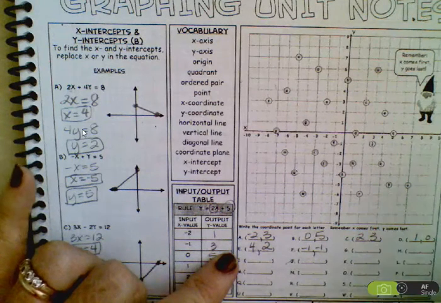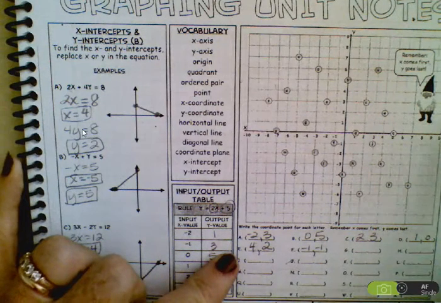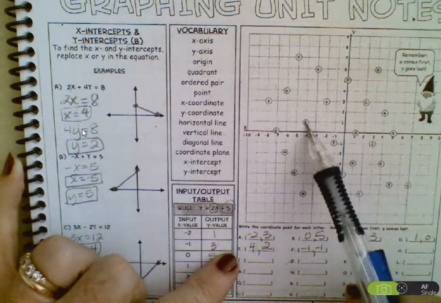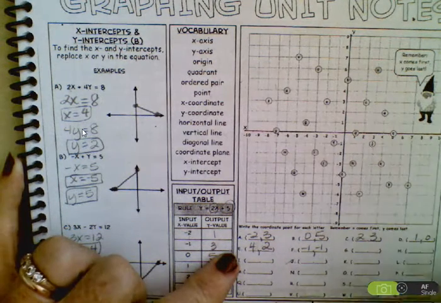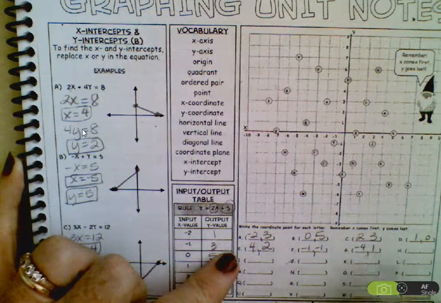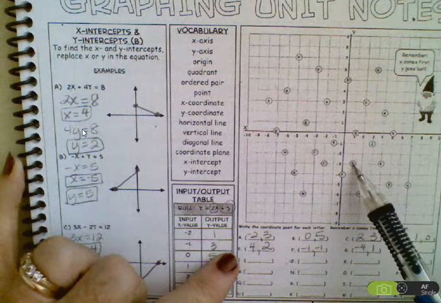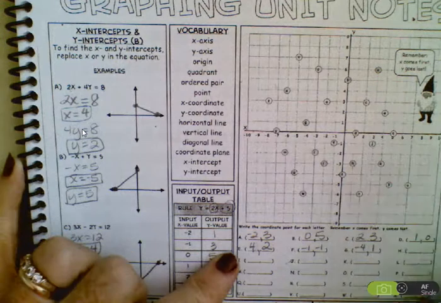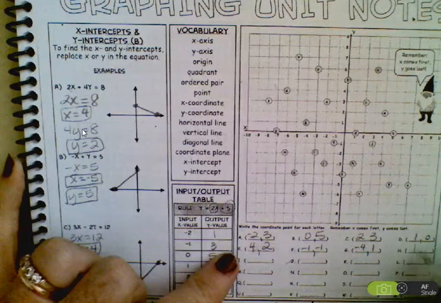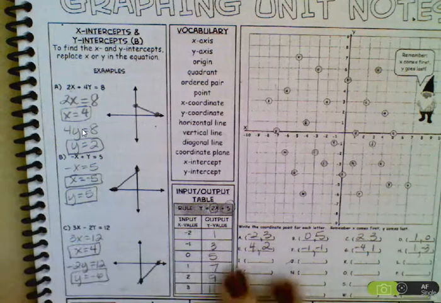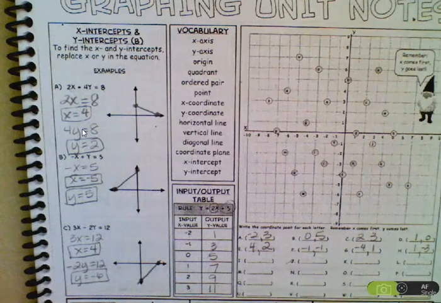And G? Does anybody see G? Oh, there it is. Negative 4, 1. Excellent. And last one, H. 1, negative 3. Good. Great. Okay, I'm going to expect the rest to be filled in by you.